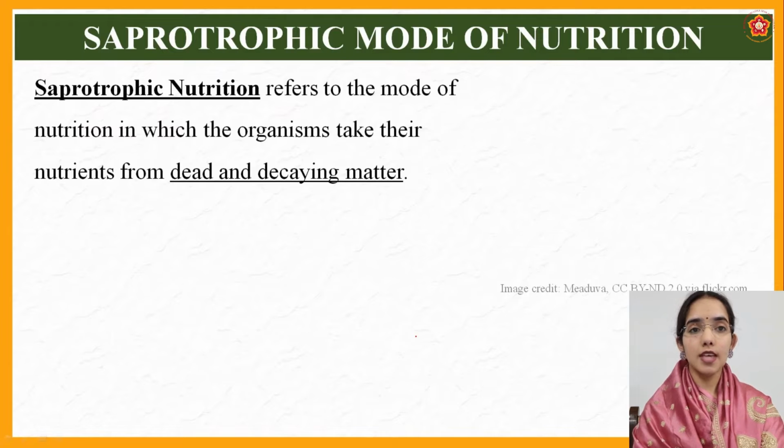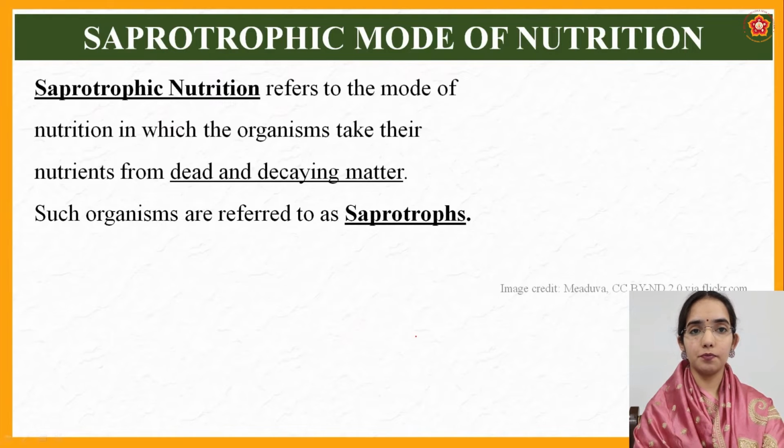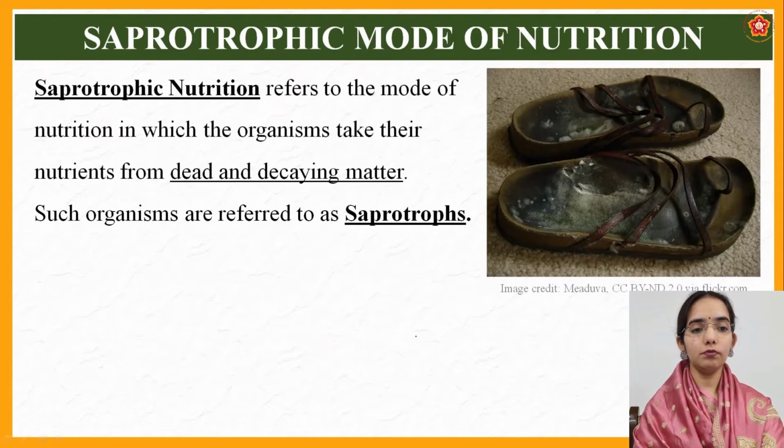Therefore, saprotrophic nutrition refers to the mode of nutrition in which organisms take their nutrients from dead and decaying matter. Such organisms are referred to as saprotrophs.